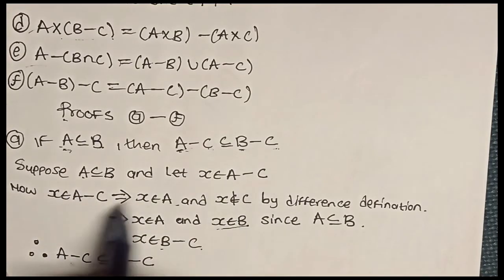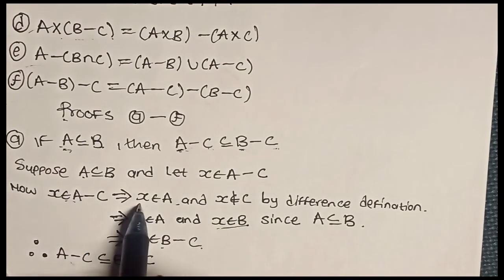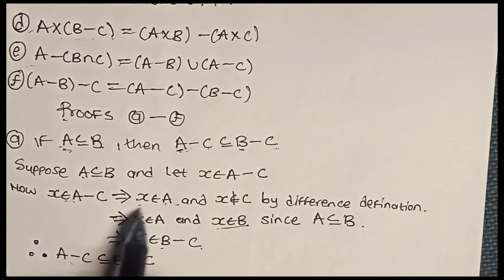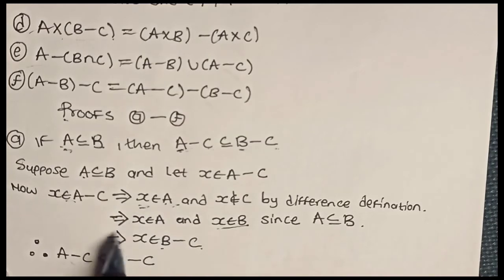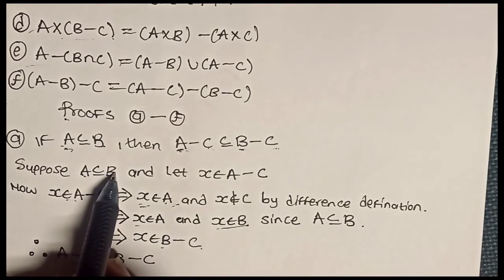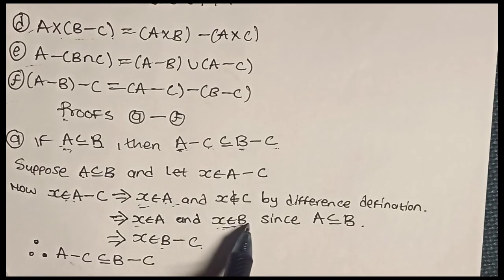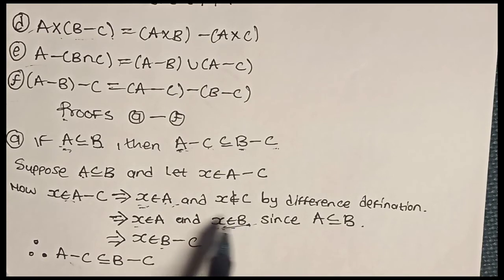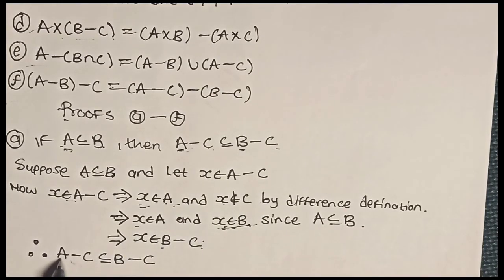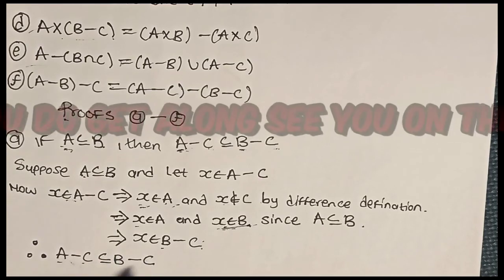So this implies that x is in A and x is not in C by difference definition. Then I know that x is in A. So since x is in A and also A is a subset of B, then I can say x is in B. Then from there, I know that x is in B, but still x is not in C, then x will be in B minus C. Therefore, A minus C is a subset of B minus C. That's all.